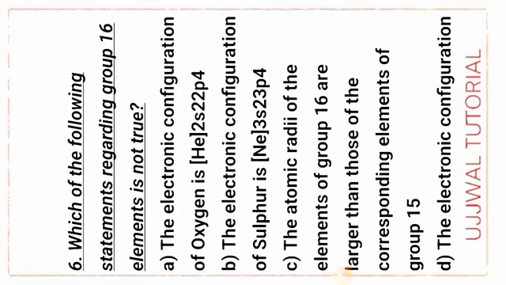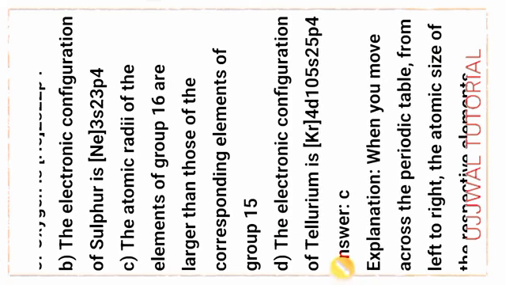Next question, question number 6. Which of the following statements regarding group 16 elements is not true? Option C is the appropriate answer for this question: the atomic radii of the elements of group 16 are larger than those of the corresponding elements of group 15.